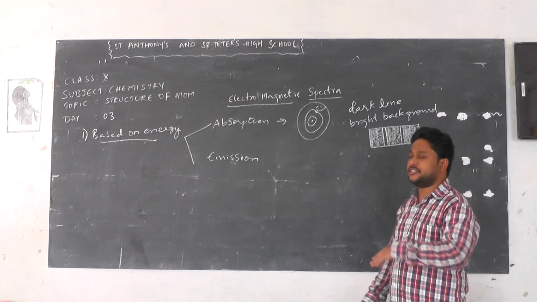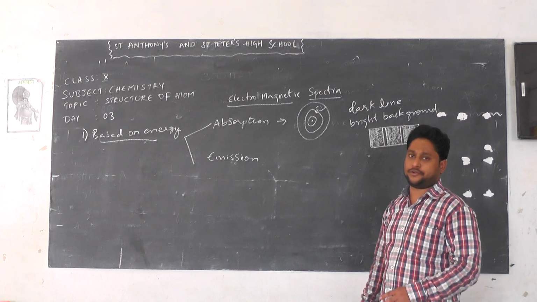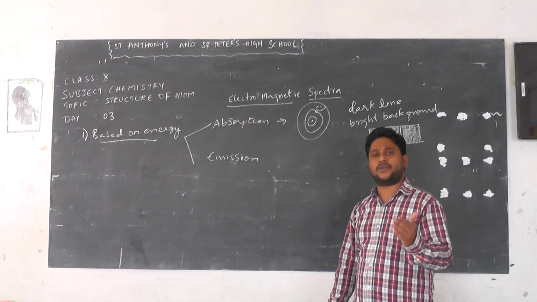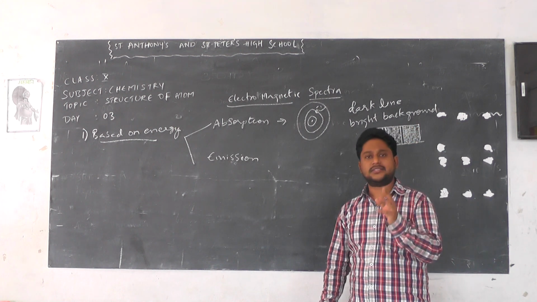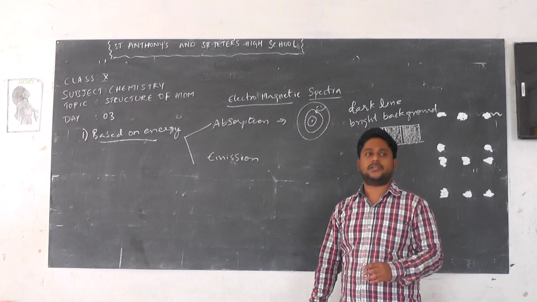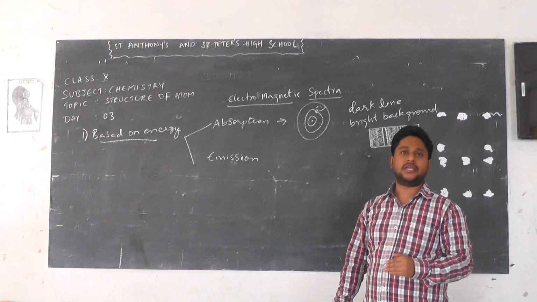Now coming to the emission spectra. Like absorption spectra, in the emission spectra also the electrons jump, but from the higher energy level to lower energy level. When these electrons lose energy, they jump from higher energy level to lower energy level.